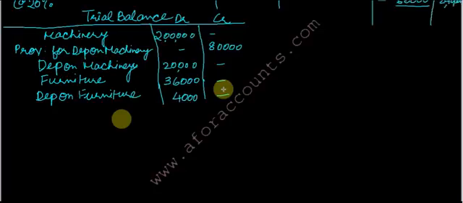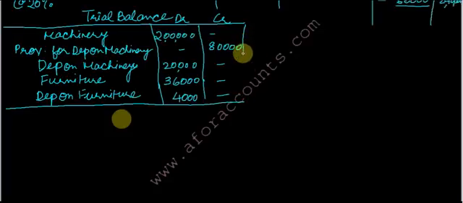Now how will you present it in your profit and loss account and in your balance sheet? See, if these points are understood, then they become very easy, and if these points are not understood, they are really confusing. So pay full attention here. Profit and loss account.